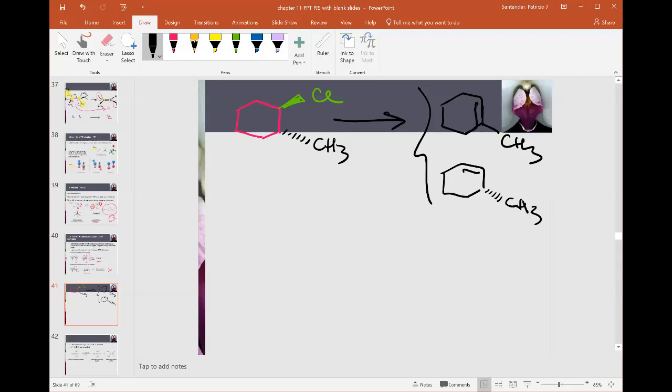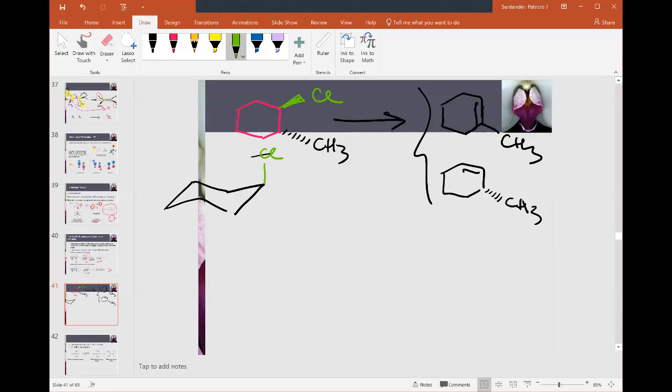So if I look at the chair conformation corresponding to this, what would it be like? So I will have this, and let's say that I have the chlorine pointing up here, right?